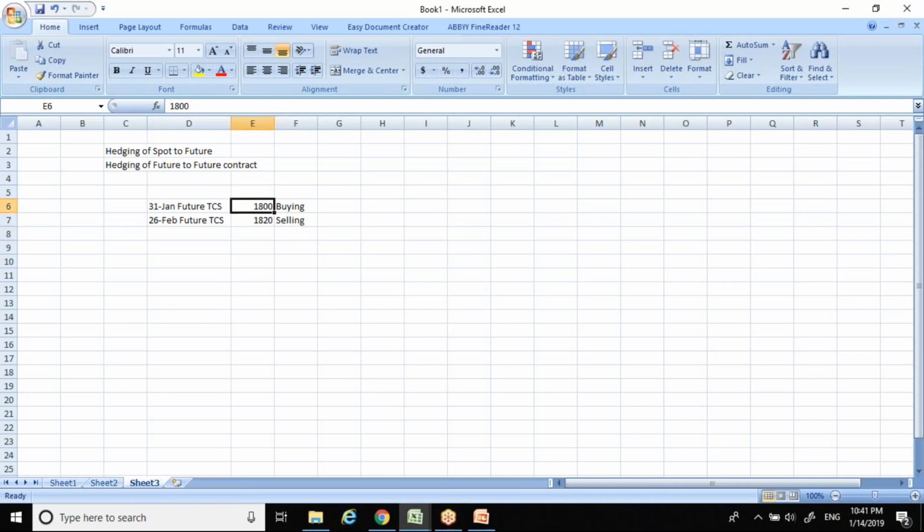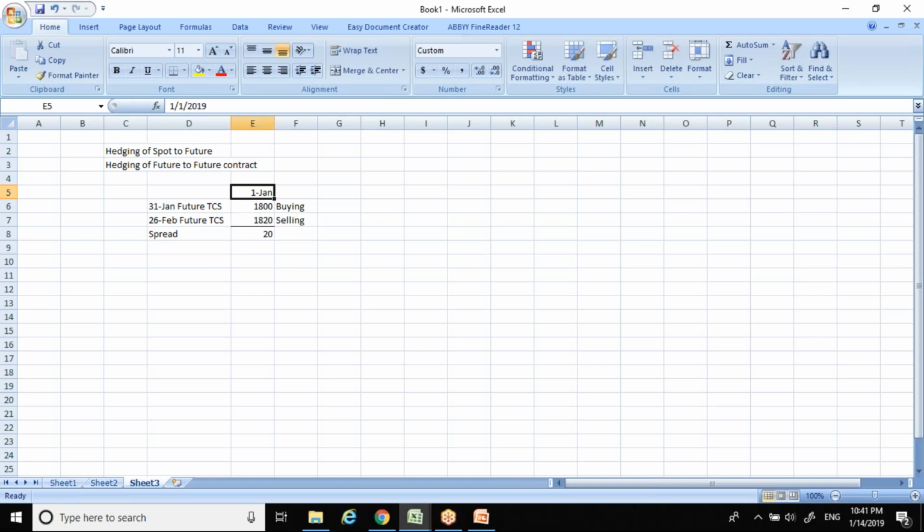Remember, you're always going to sell the costlier contract and buy the cheaper contract. So we have a spread or basis of around 20. This is a positive spread, 20. We took this on 1st January.